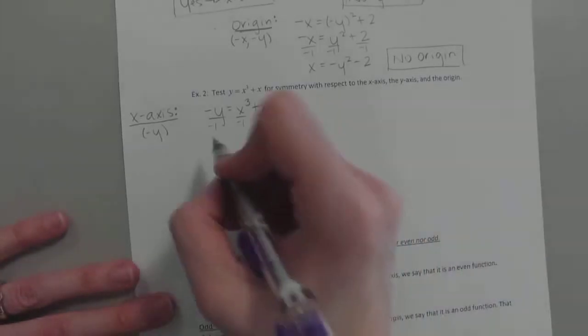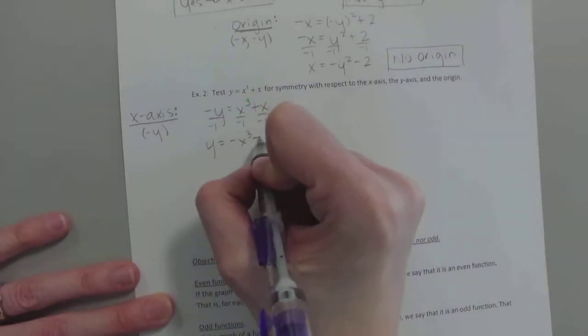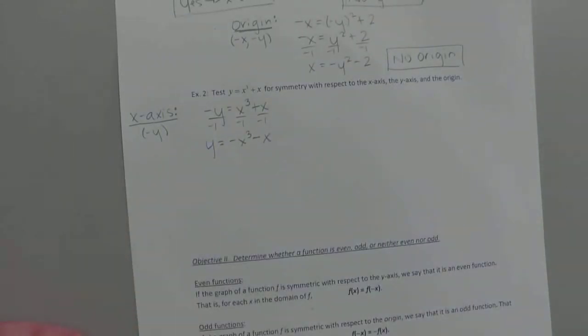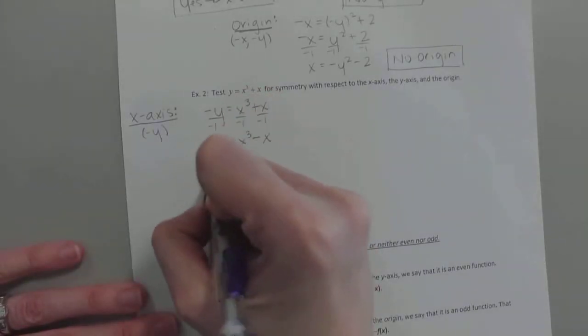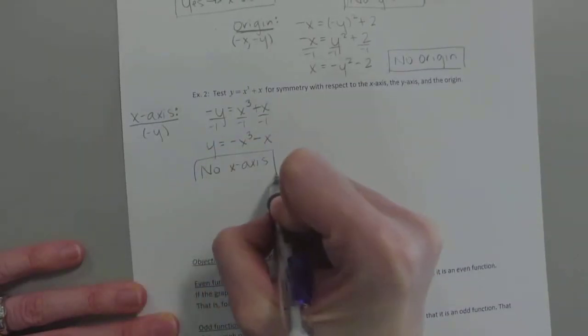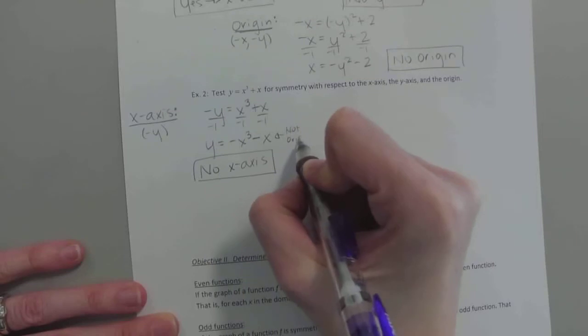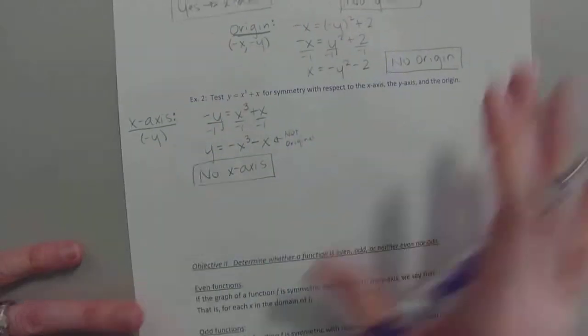And again, if you wanted to get that y by itself, just so it looks like your original, you divide by negative 1. But that means you need to divide everything by negative 1. y equals negative x cubed minus x. Perfect. Is that your original? Nope, so we have no x-axis symmetry.